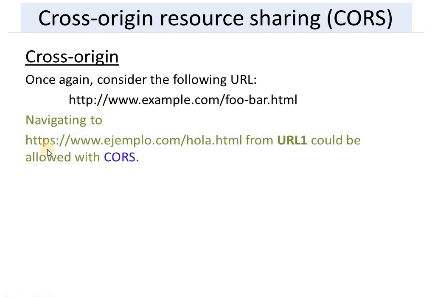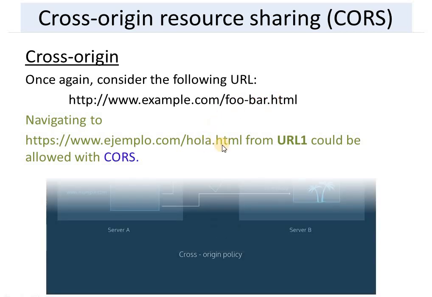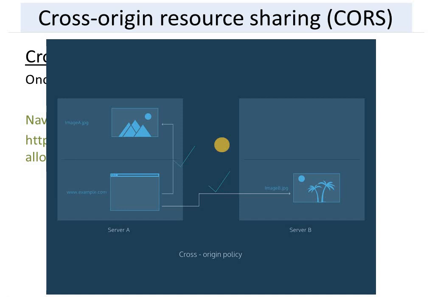Here the protocol is different and the domain is different, still you can access it. You can get a resource from this different domain, from foobar.html to hola.html. So the situation is like this: you can get an image from your domain and from another domain also.